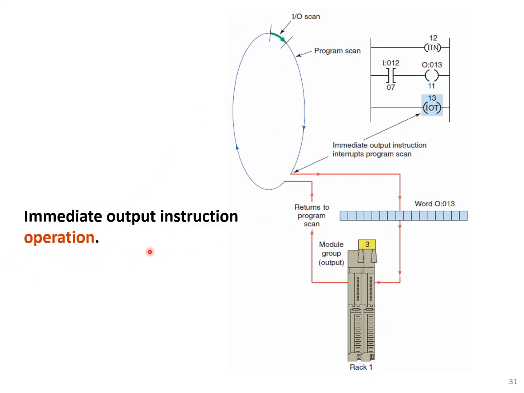Immediate output instruction operation: again, inside the program, when it reaches the IOT, for example, we want to update output 13.